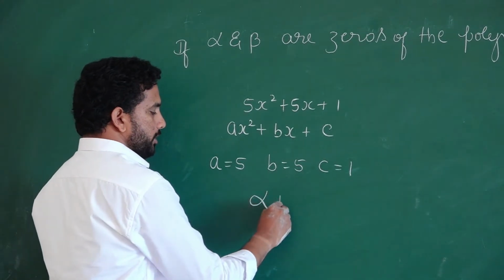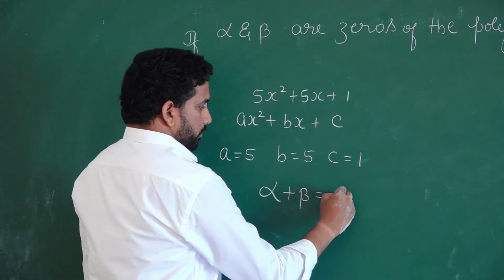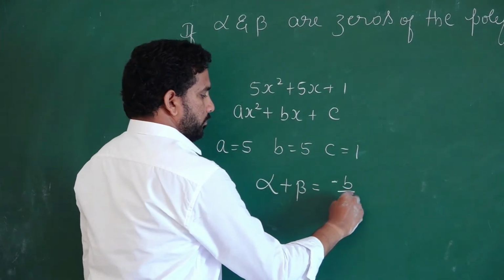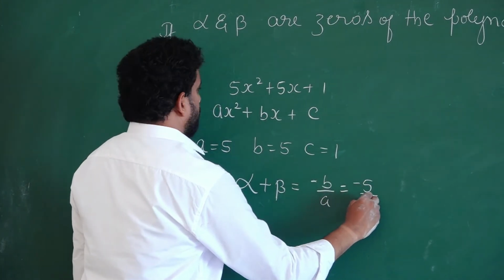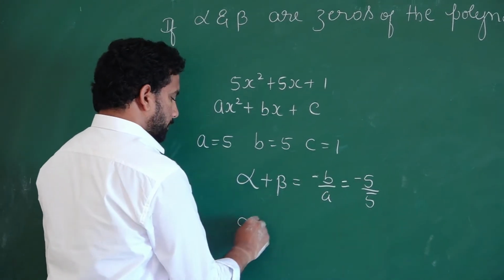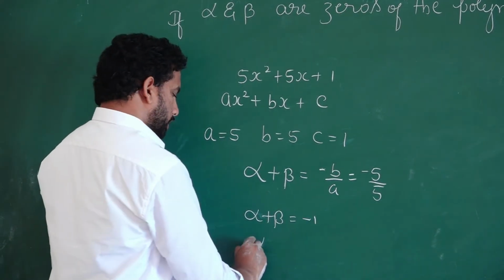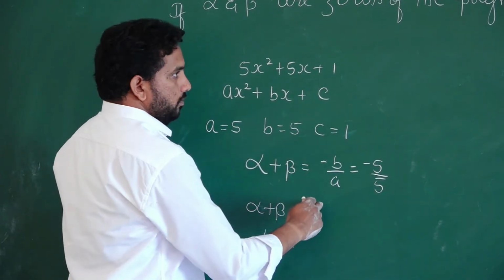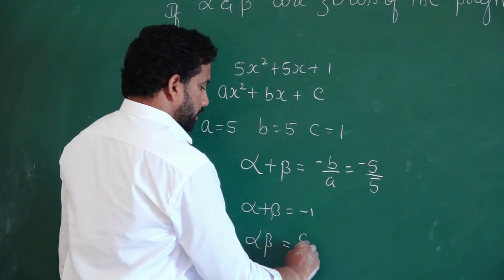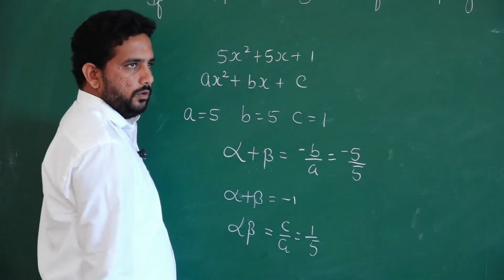The sum of the roots, alpha plus beta, is equal to minus b by a, so minus 5 by 5, so alpha plus beta we get minus 1. Here alpha beta is equal to c by a, that is 1 by 5.